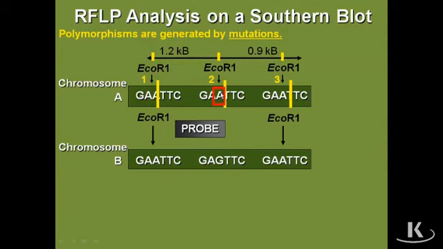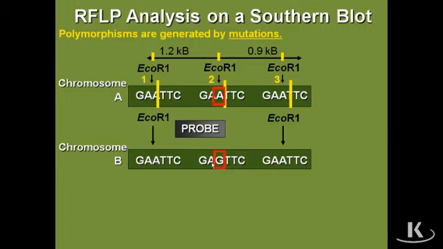What happens if, because there was a polymorphism, perhaps from the paternal side, this individual inherited this particular chromosome, and from the maternal side, they inherited this particular chromosome, and there was a polymorphism or a mutation at that particular location in the DNA? Well, what does that mean for EcoR1 cleavage sites? Is this a palindrome?